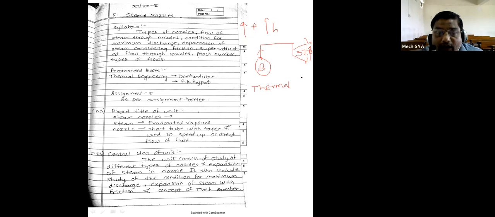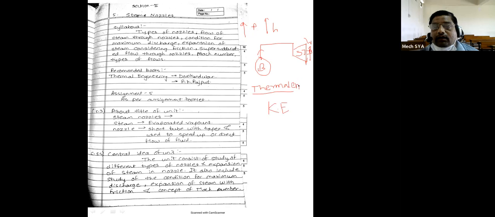So the actual expansion of the steam takes place in the nozzle. After the nozzle we are discussing only the kinetic energy of the steam, but up to the nozzle we are discussing the thermal energy of the steam, and this thermal energy is converted into kinetic energy. That is, the velocity of the steam is increased in the nozzle.